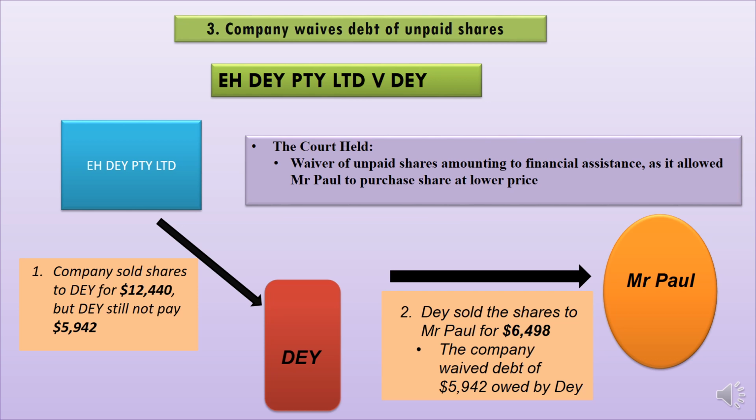So this is financial assistance. The court in this case held that the waiver of unpaid shares amounted to financial assistance. The act of the company waiving the unpaid shares, because he still owed, allowed Mr. Paul to purchase shares at a lower price. So this is financial assistance.